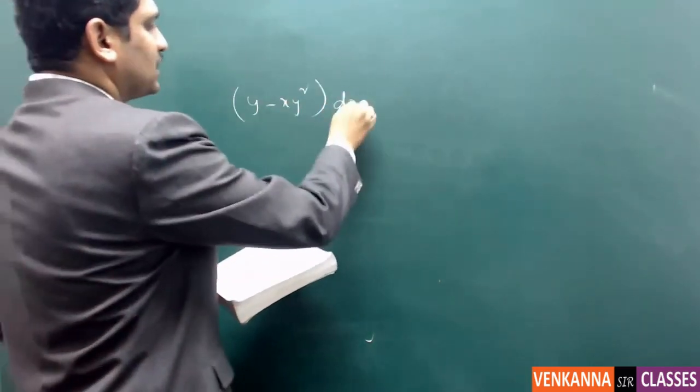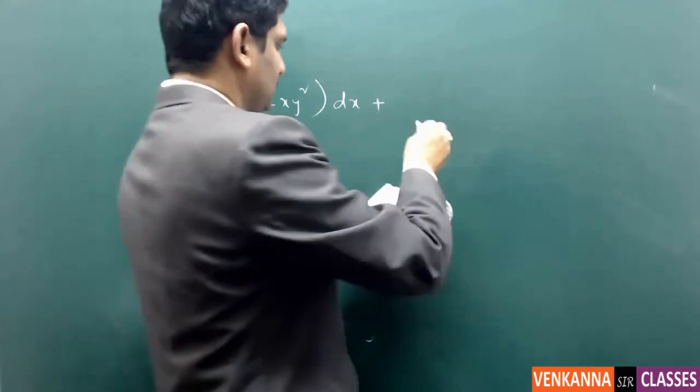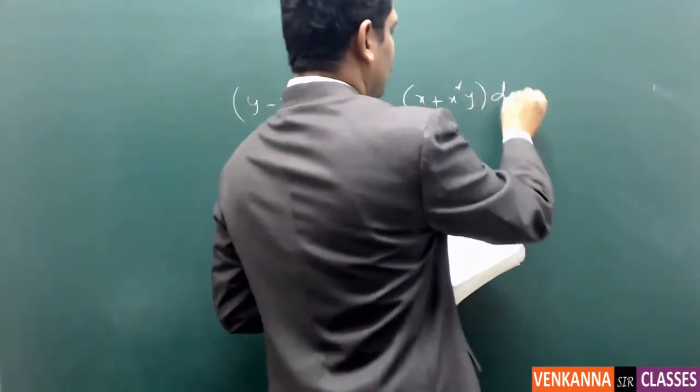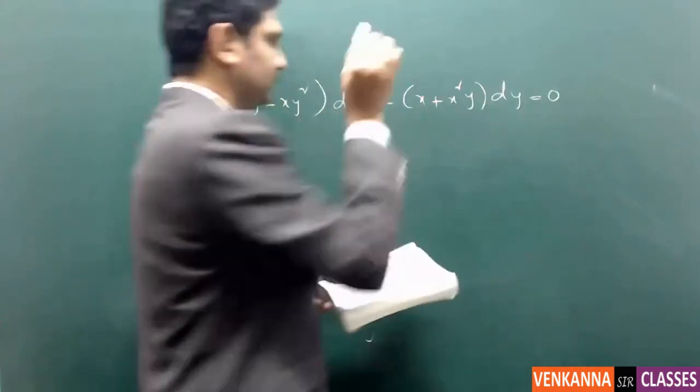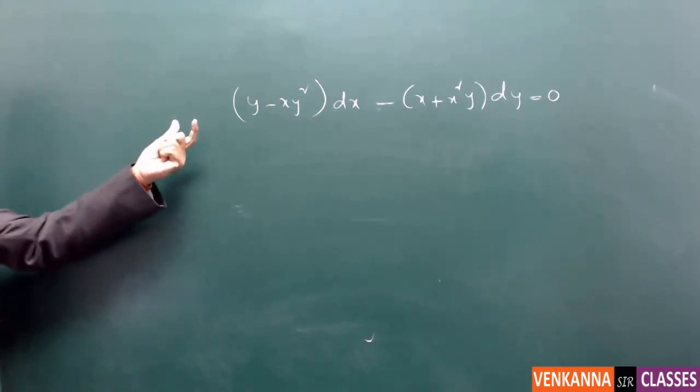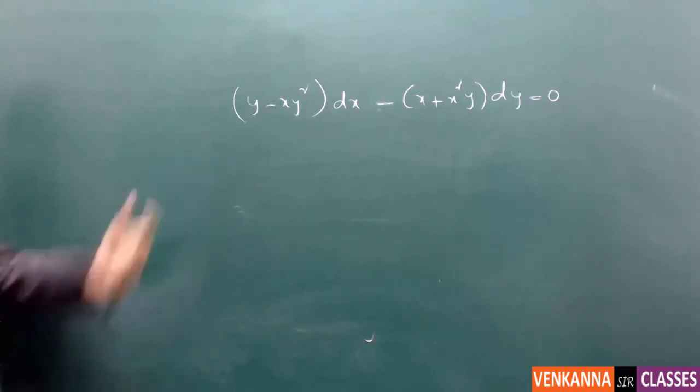y minus xy squared into dx plus, minus of x plus x squared y into dy equal to 0. So please take a note of this. Whenever this kind of thing is given, first we simply split all the terms, then we arrange them in an order.